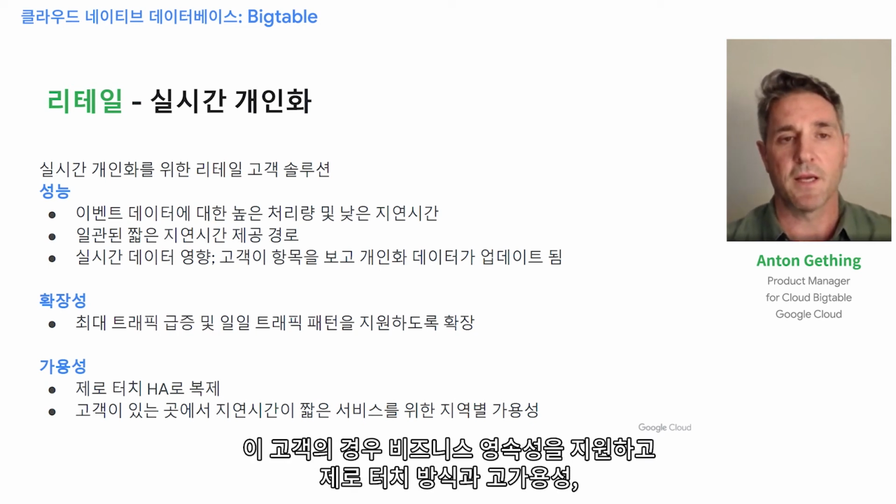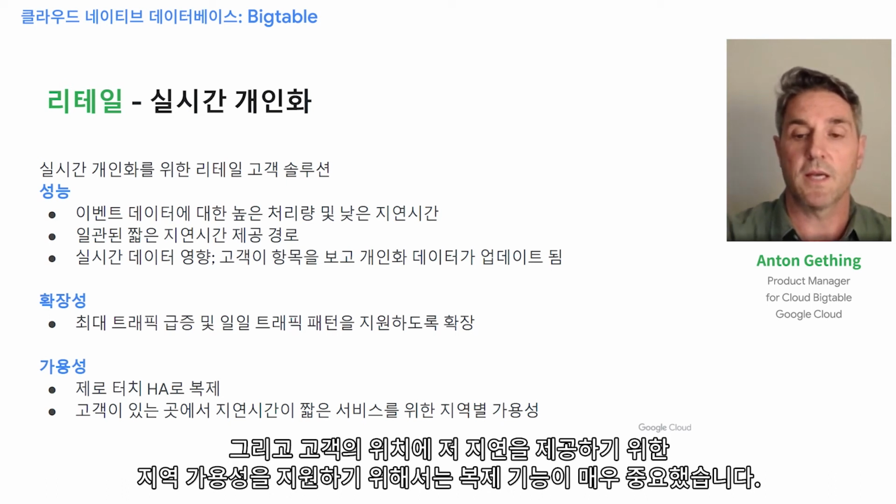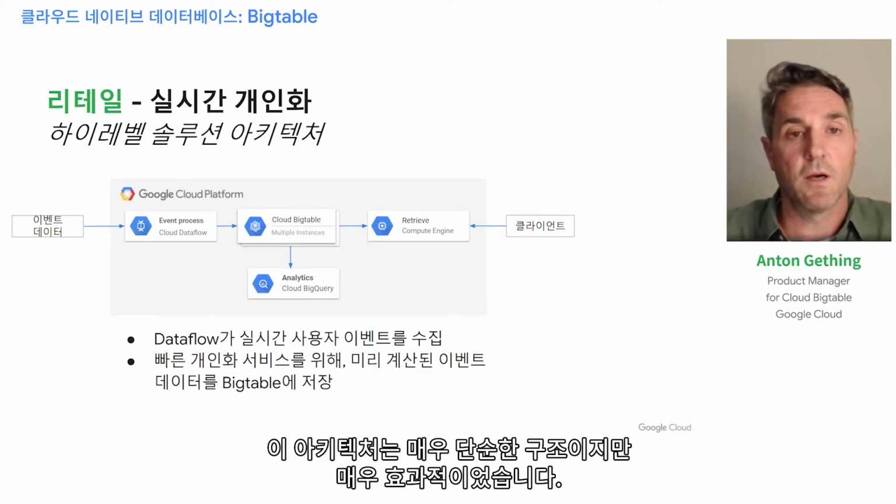Again, replication has proved invaluable for this customer to support their business continuity and disaster recovery scenarios with zero-touch, high availability. And not only that, but the regional availability for low latency serving for where their customers are located. This is a surprisingly simple architecture, but very effective for the customer.